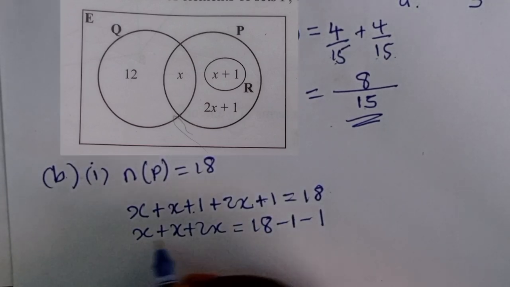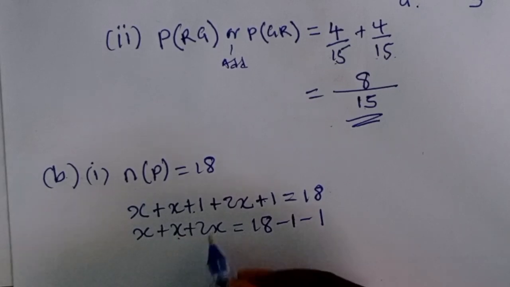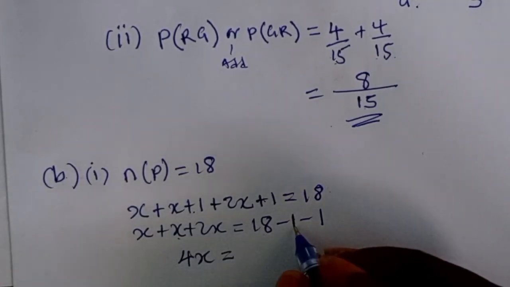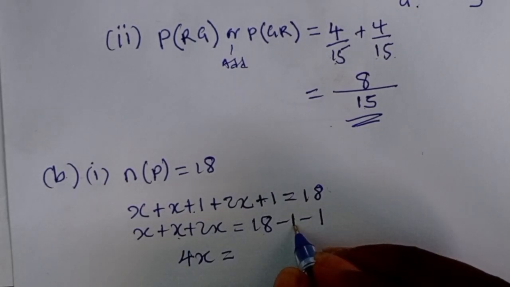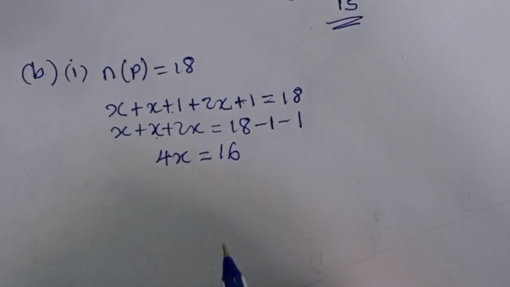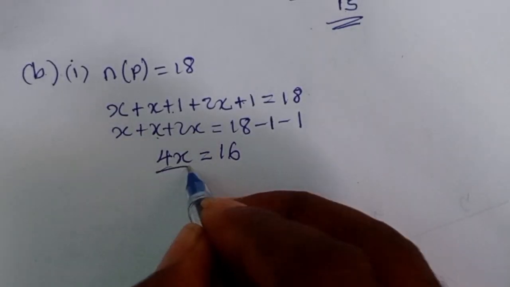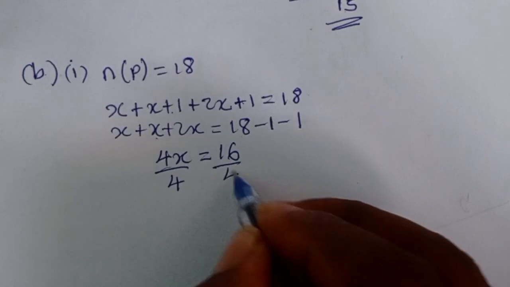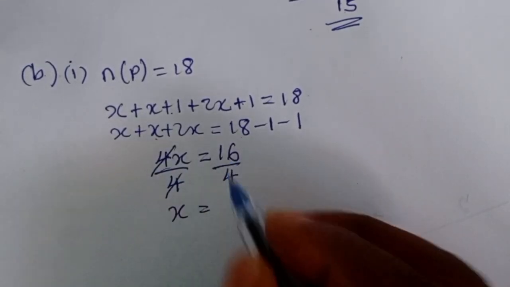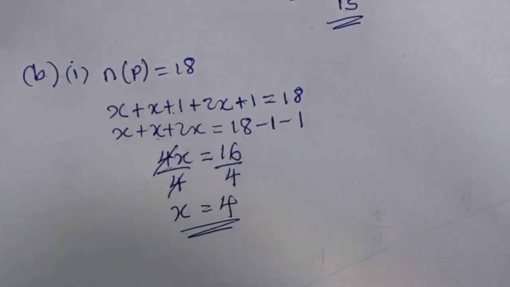So X plus X, 2X. 2X plus 2X, we have 4X. 18 minus 1 is 17. 17 minus 1, we have 16. So we divide throughout by 4. So X is equal to 4 into 16, we have 4. So the value for X is 4.